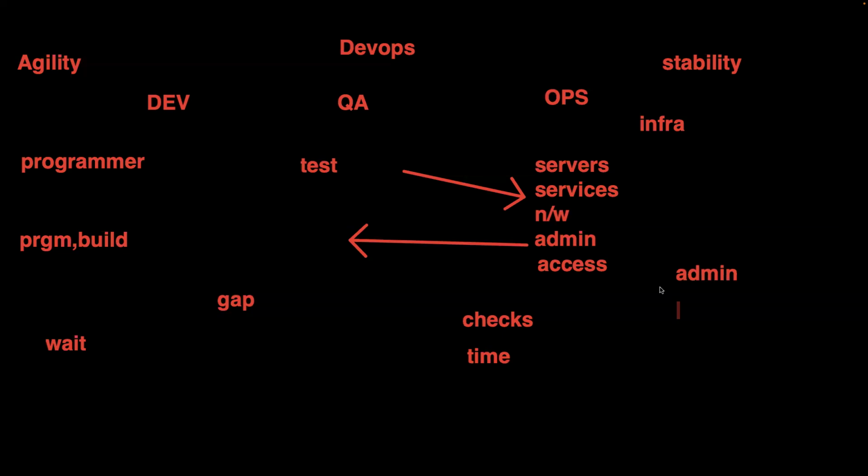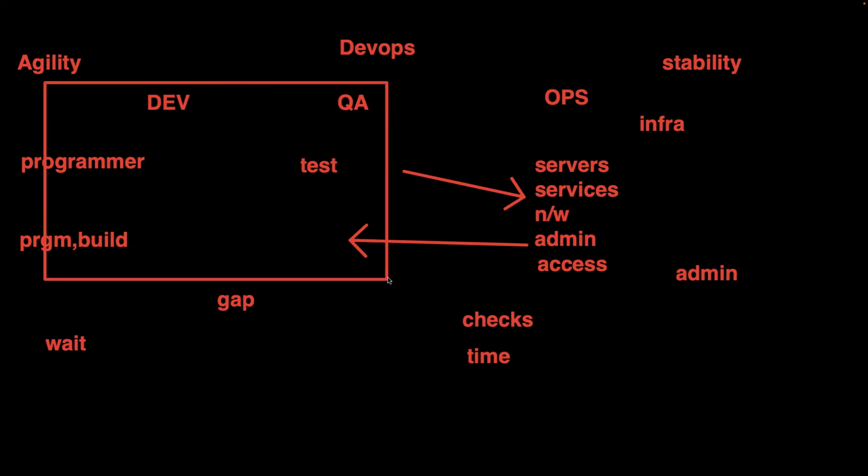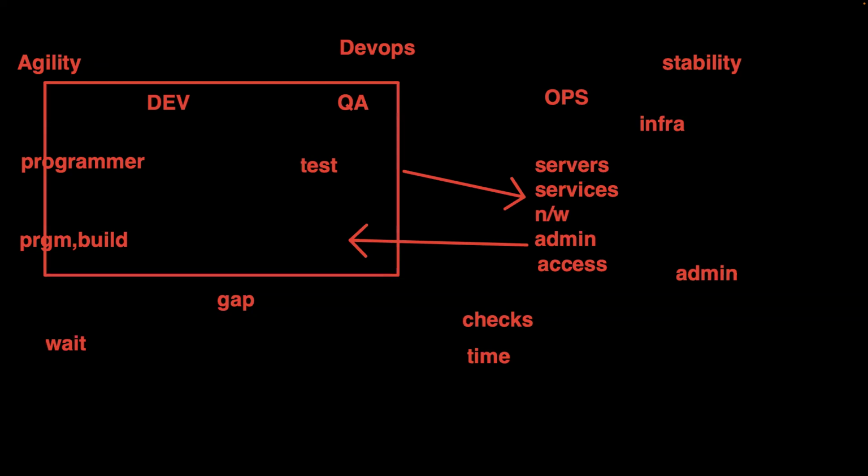So they can't understand why the ops team is taking so much time to serve the request. Similarly, the ops team doesn't understand why the dev team is requesting all these changes. Whenever I say dev team, I'm including QA also because they have similar requests. So there is a gap between these teams, no proper understanding, no proper collaboration.